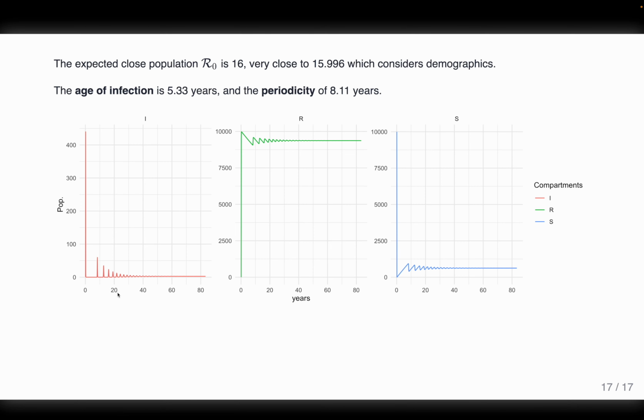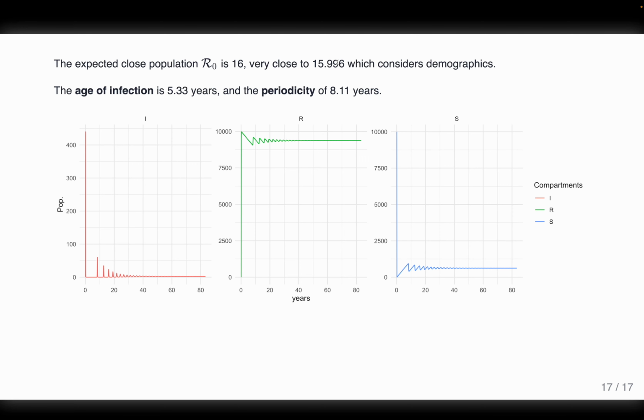And these are the results. The expected R0 is 16 in the closed population, but if we consider demographics, it is slightly lower. In this case it doesn't change much because the infectious period is only 8 days and the expected life duration is 80 years, so the 80 years won't impact much over 8 days.